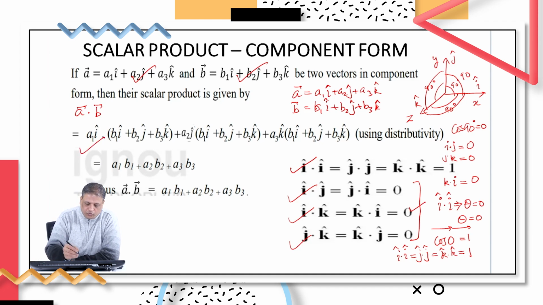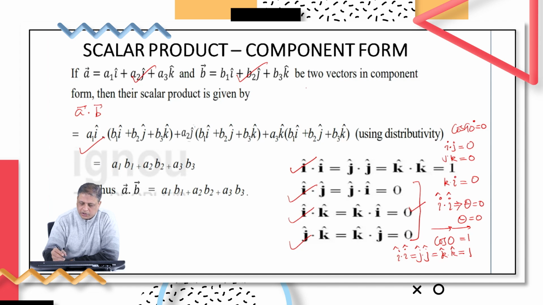For better understanding, let me rewrite the equation. You can say that a dot b can be expressed as a1 i into (b1 i plus b2 j plus b3 k).